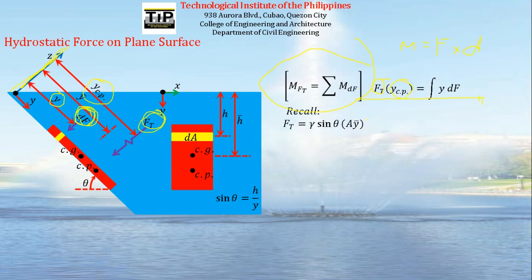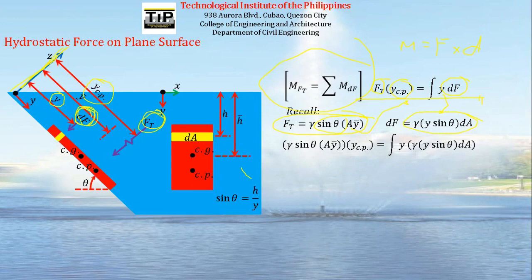Now recall from our derivation earlier that F sub t is equal to gamma sine theta times the area times Y bar. And this dF is equal to gamma times y sine theta dA. Now we can substitute these two in this equation and it will become this.